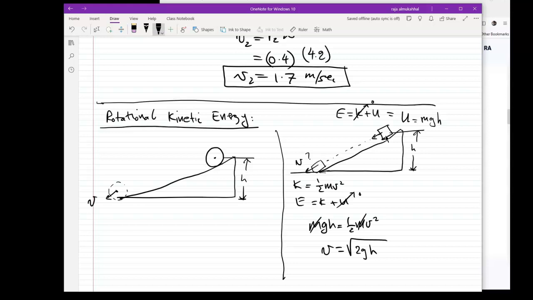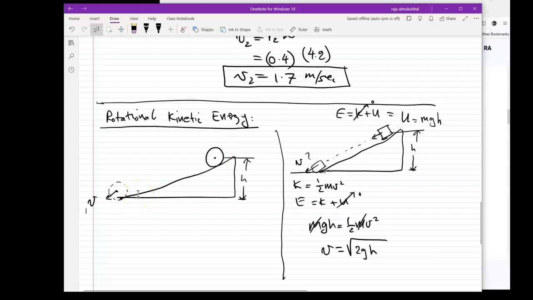Okay, like I said, it's an identical problem. The only difference is geometry. Here I have a box squared. Here I have a ball or a wheel or a disc or a sphere or a ring or whatever, something that rotates, and it's going to go from here to here.